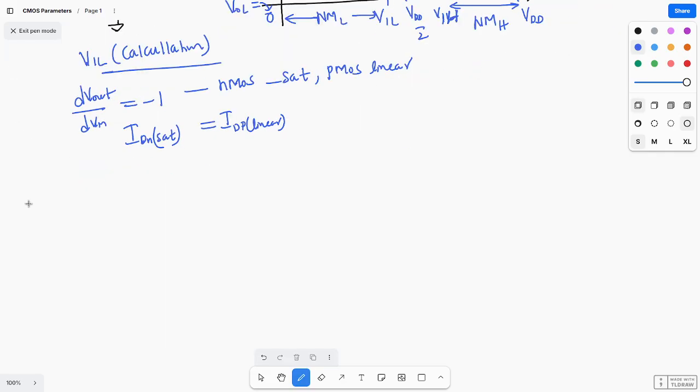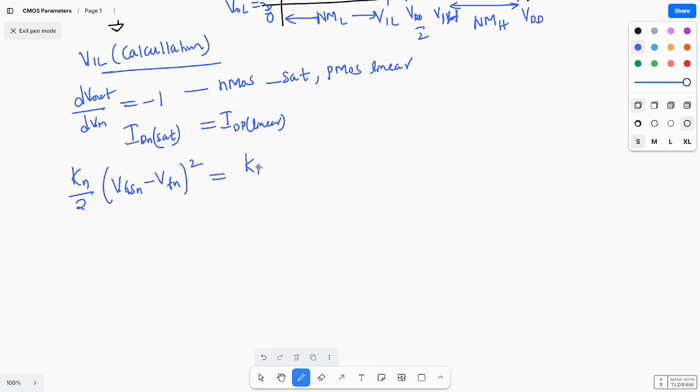Now substitute the formulas. IDN sat equals Kn by 2 times (VGSN minus VTN) whole square. This is the drain current equation during the saturation region.